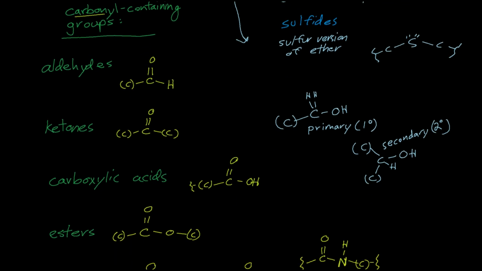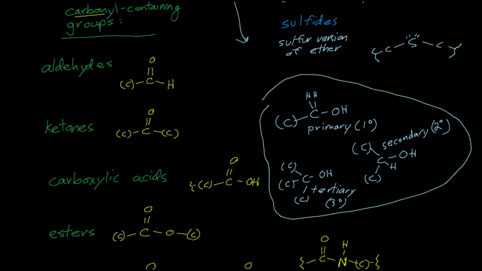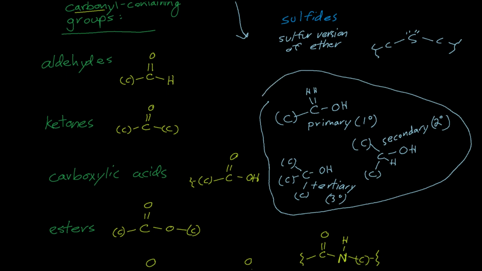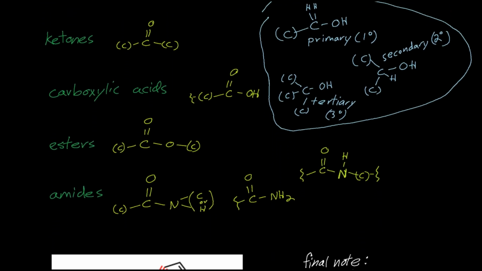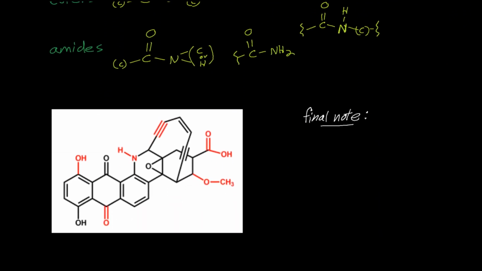And in logical progression, a carbon that's connected to 3 other carbons with an alcohol on it, no hydrogens on that carbon, is a tertiary alcohol. So we want to be able to recognize those. So some memorization here.